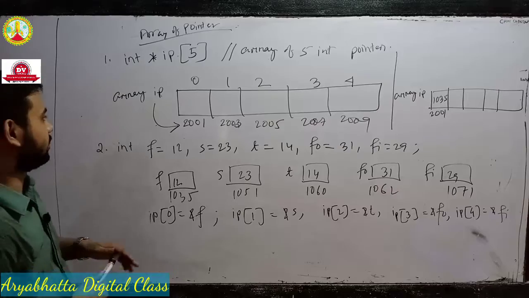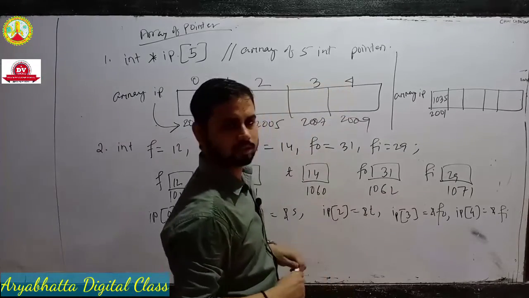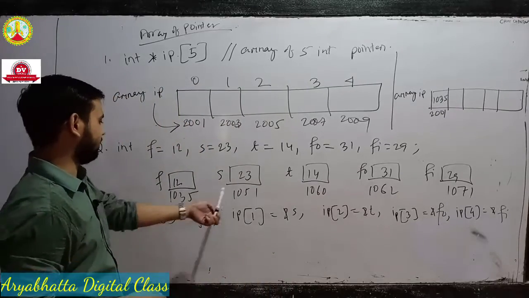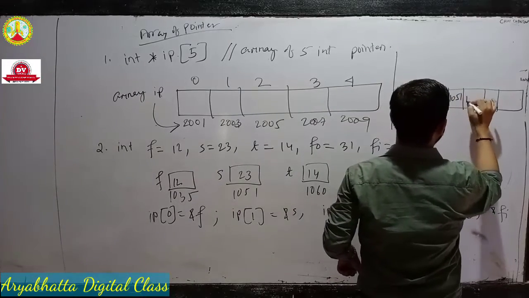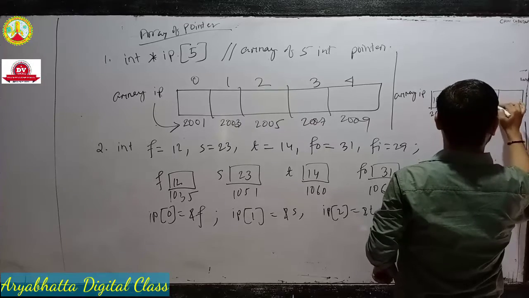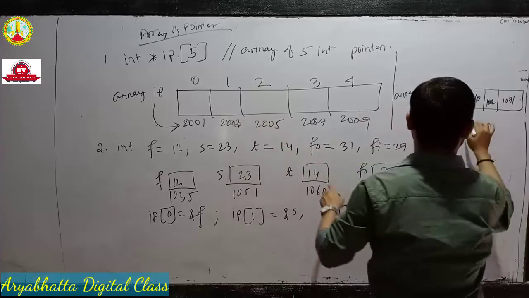You got it? I already told you, each element and variable is the memory address of another variable. Memory address of this variable, 1051, 1060, 1062 and 1071, and these also have a memory address.